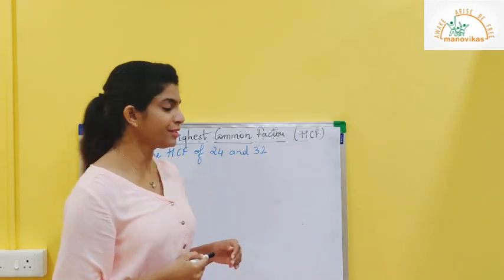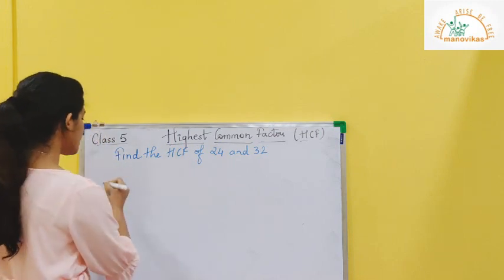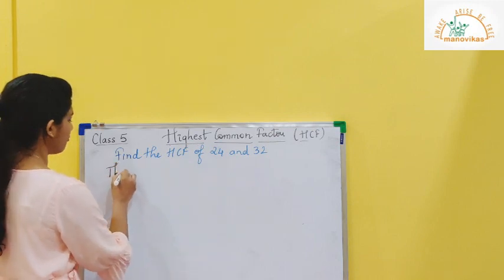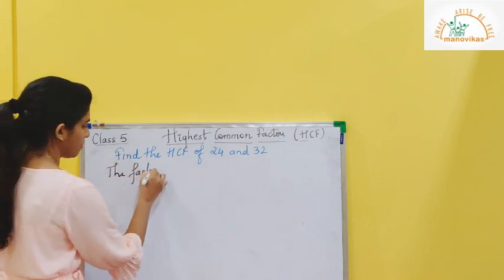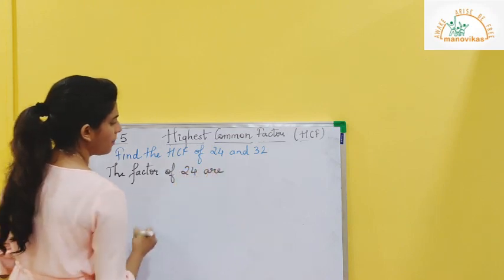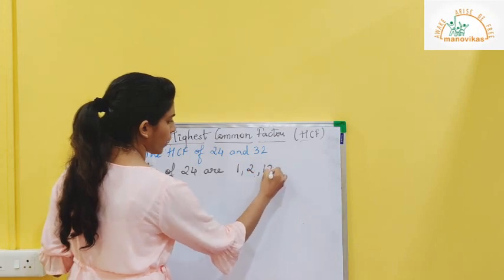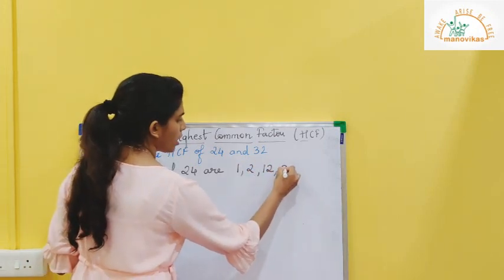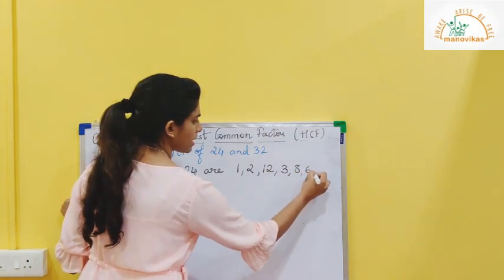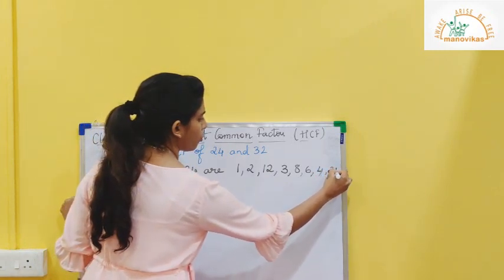We'll take one more example. Find the HCF of 24 and 32. So the first step here is finding the factors of 24 and 32. The factors of 24 are 1 24s are 24, 2 12s are 24, 3 8s are 24, 6 4s are 24 and 24 itself.